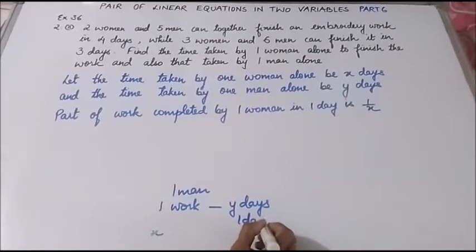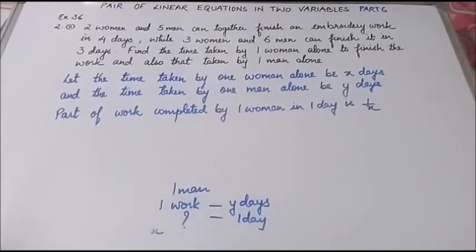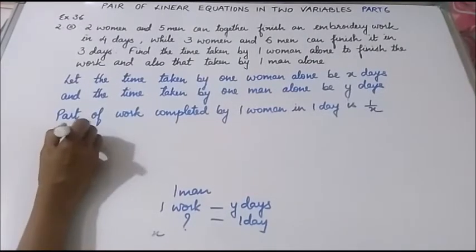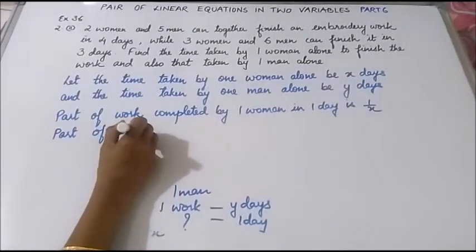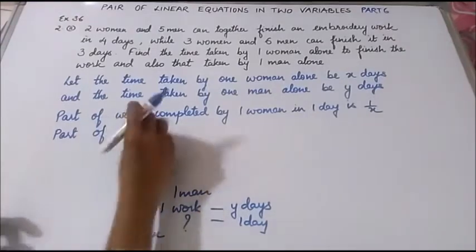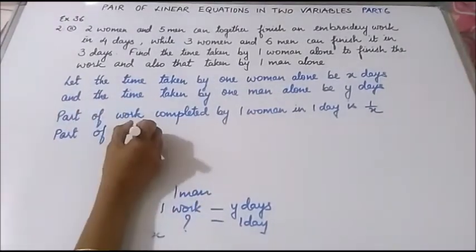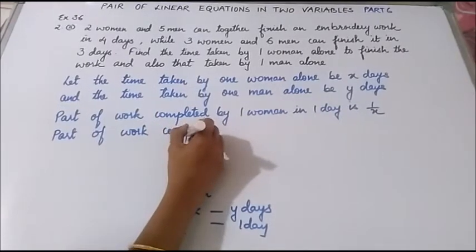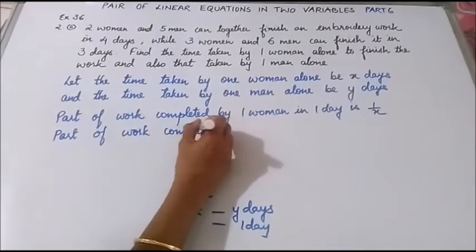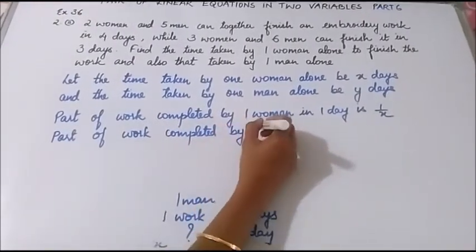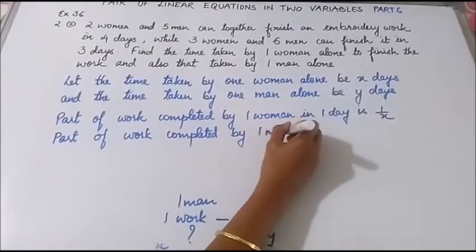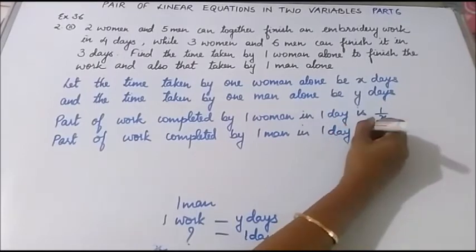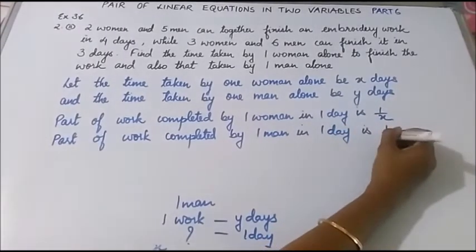So in 1 day, how much work does he complete? 1 by Y. Now here we can write part of work completed by 1 man in 1 day is 1 by Y.